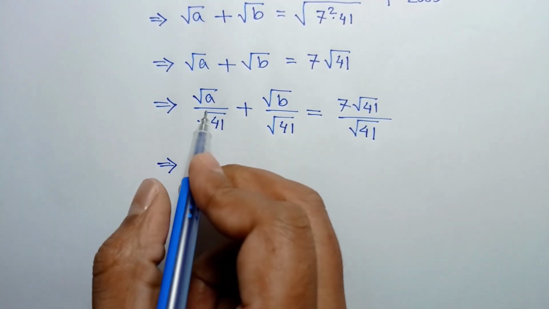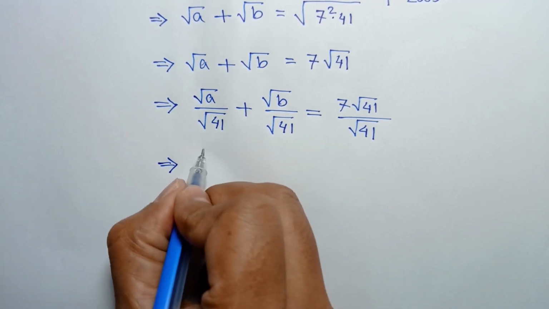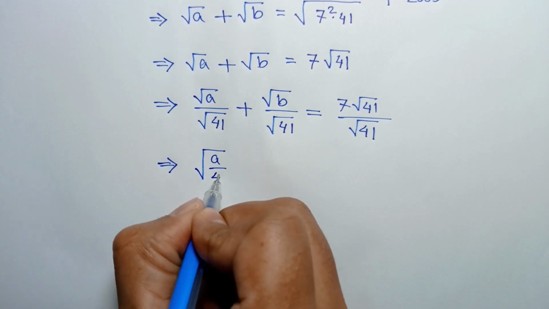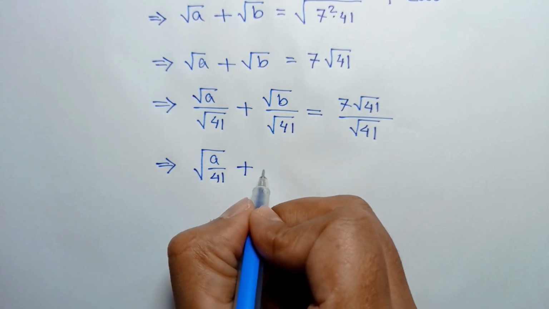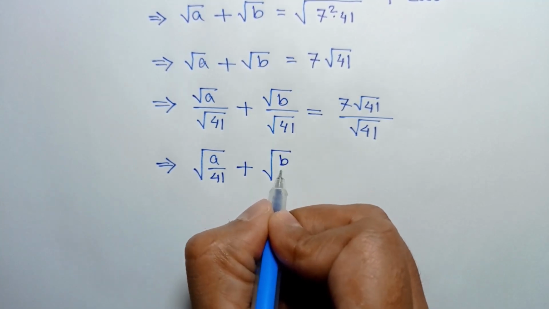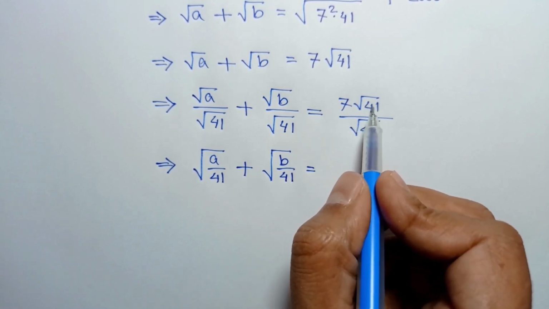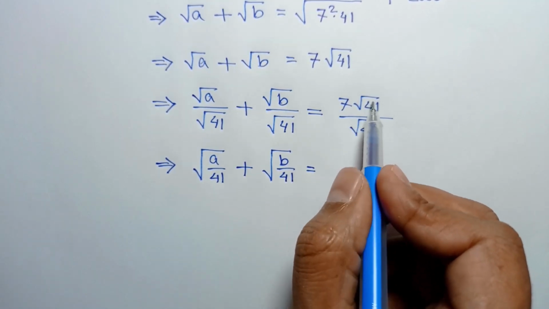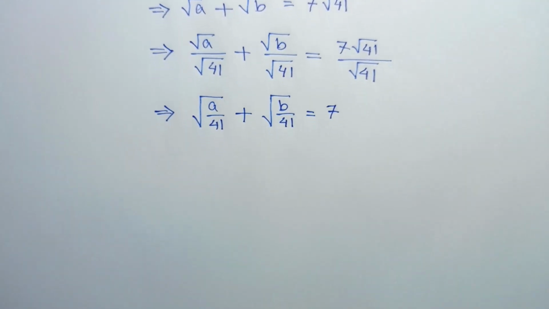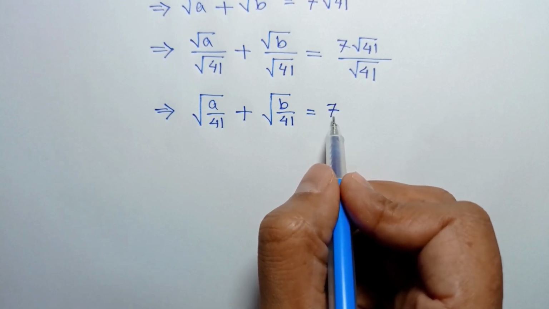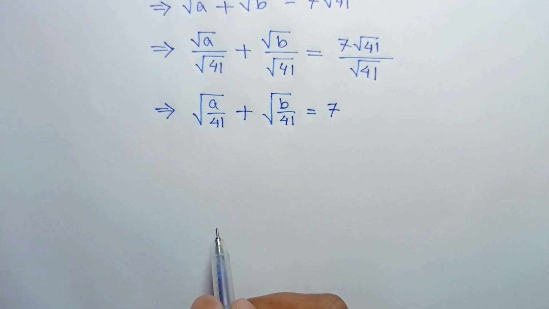Square root of a over square root of 41 can be written as square root of a over 41, and similarly this can be written as square root of b over 41, equal to 7, as square root of 41 cancels out. As the right side is an integer, the left side will also be an integer for an integer solution.